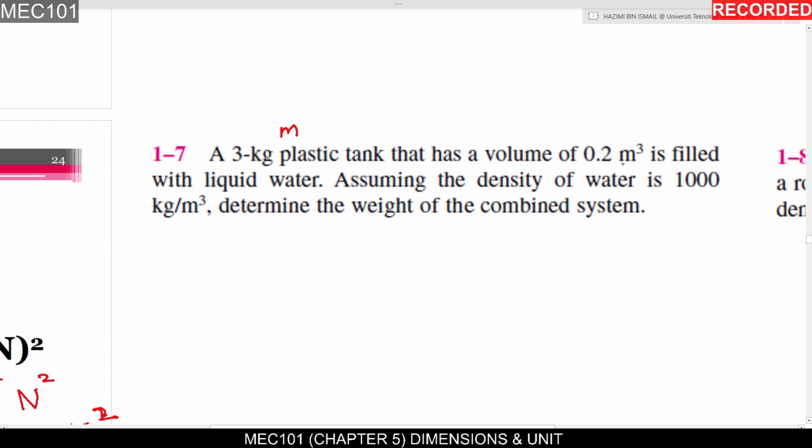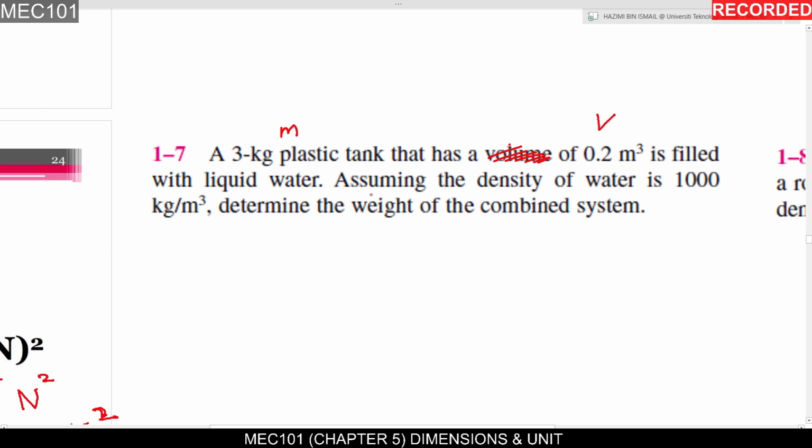I see here the unit is meter cube, so I know this is the volume, even if the question itself doesn't state that it is volume. Let's say the question doesn't put the word volume here, I still know that 0.2 is the volume. Why? Because based on its unit, meter cube, I know this is the unit for the volume, so I put V here. It is filled with liquid water.